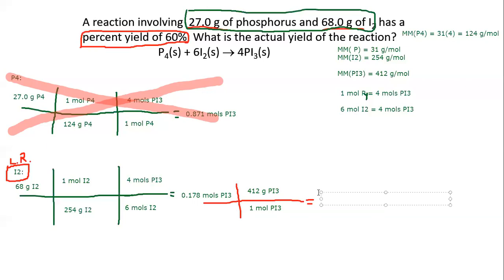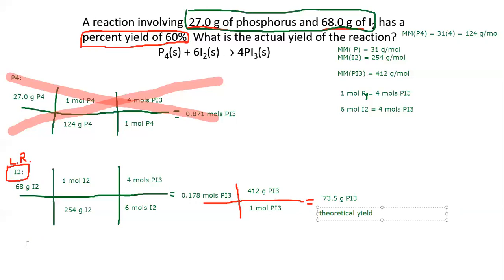So we get 73.5 grams. Again, this should always be more than our actual yield, but we don't know what our actual yield is. So this is our theoretical yield. But it wants us to calculate the actual yield.